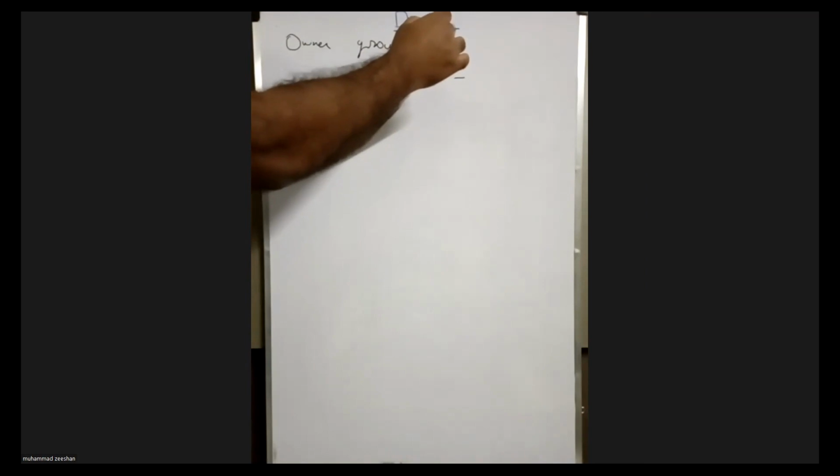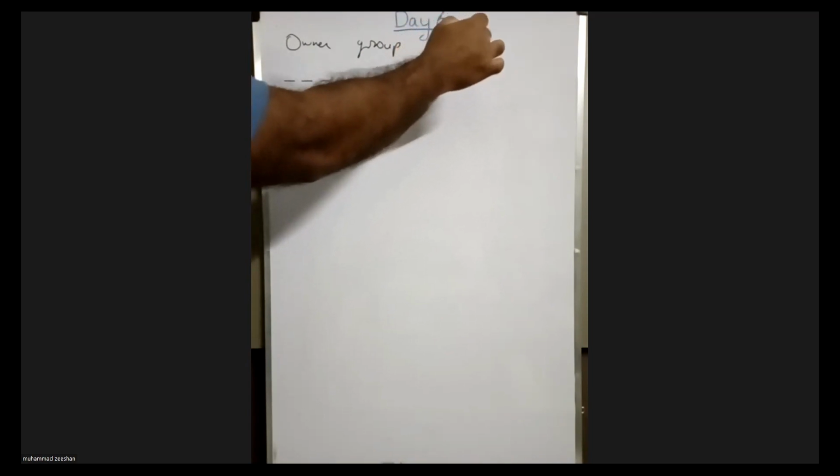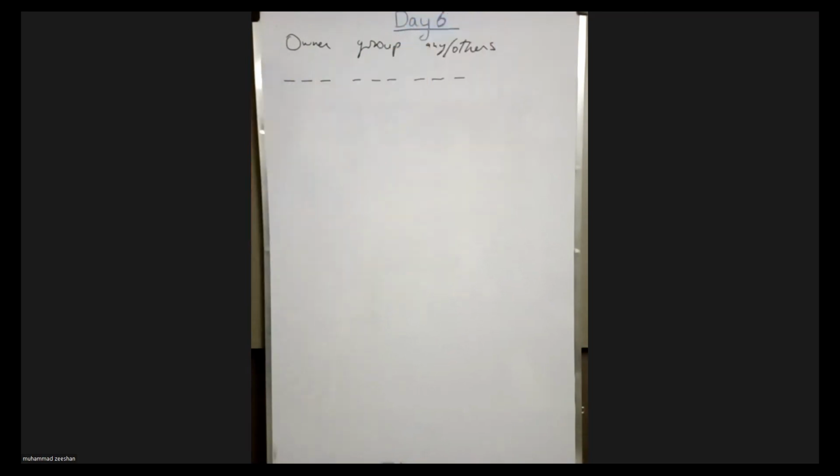And any others. So every file can have an owner, or it must have an owner, and then some group. Maybe there is a group, and it has some specific permissions available for that group. And anyone can access the file with what permissions.